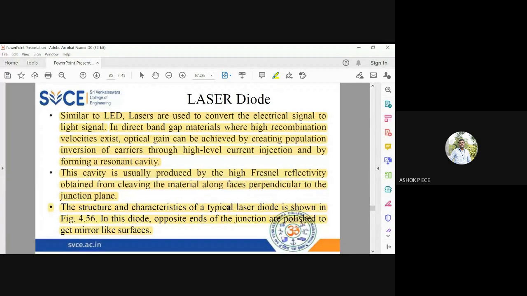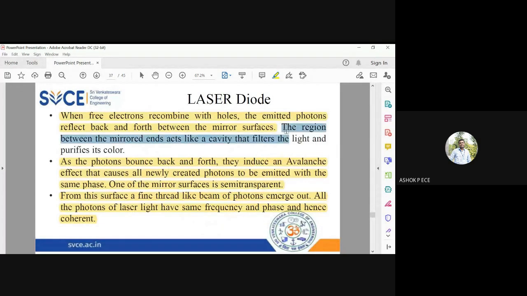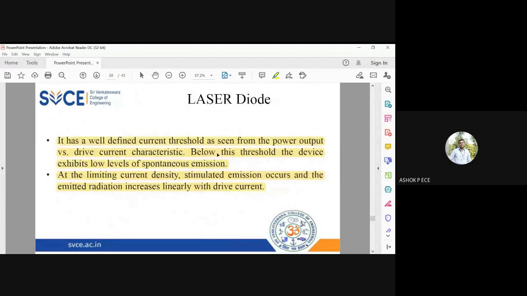You have to understand how the recombination happens, how the mirrors produce an avalanche effect, and how light comes out of the laser diode. If you learn that, it is enough for the subject. For additional learning, you can refer to any decent optical communication book for the functioning of the laser, but that will be too advanced for you. For the second semester, you just need to know the basics of laser. So this explanation and these diagrams would do for laser.